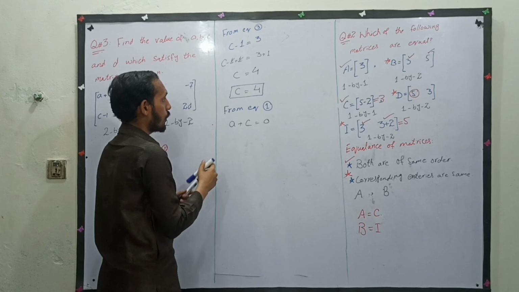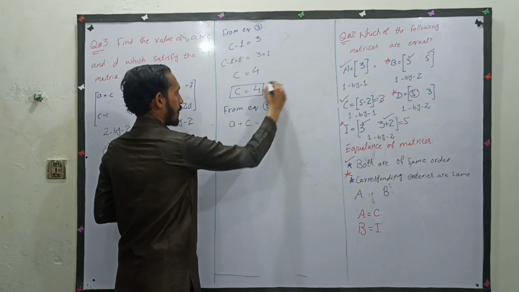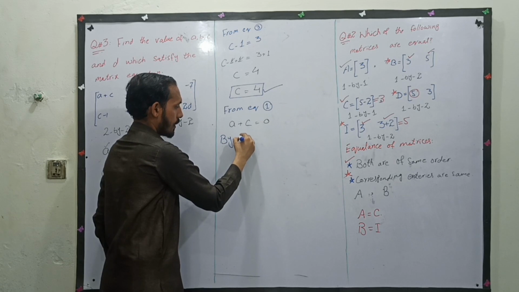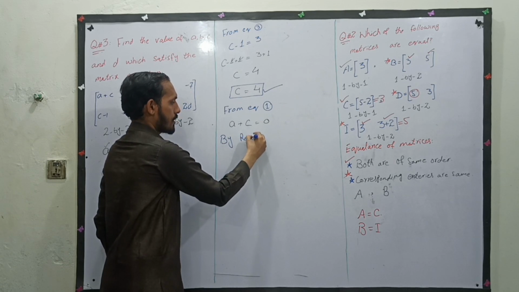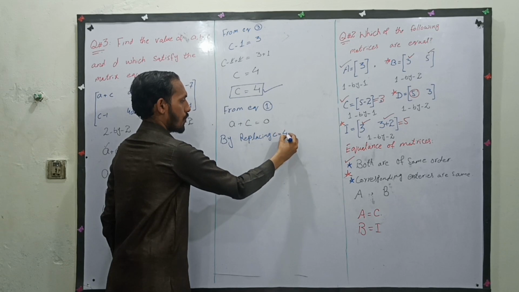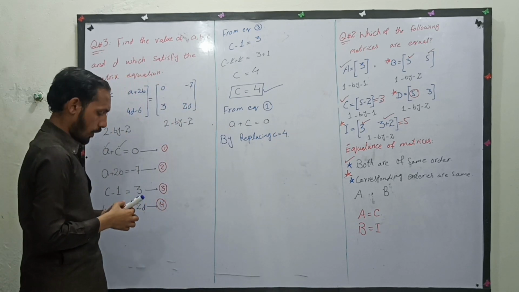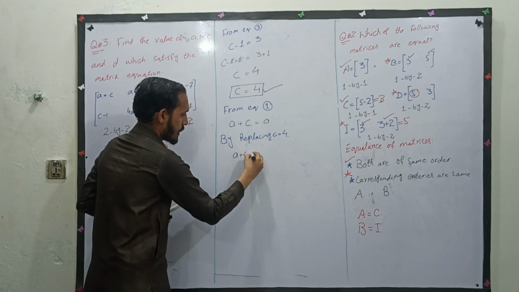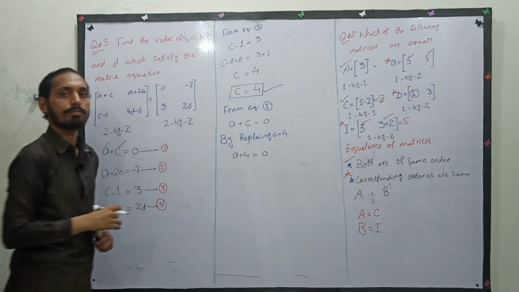By replacing the value of c, which we have just found, which is 4. जब हम c की वैल्यू 4 रिप्लेस करेंगे हमारे पास इक्वेशन बन जाएगी a plus 4 is equal to 0.